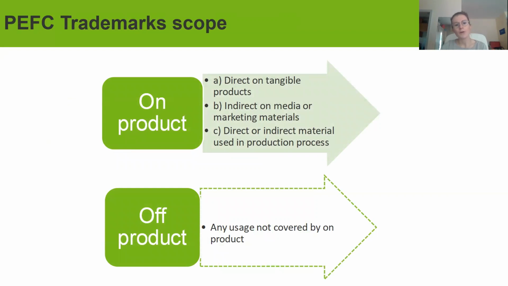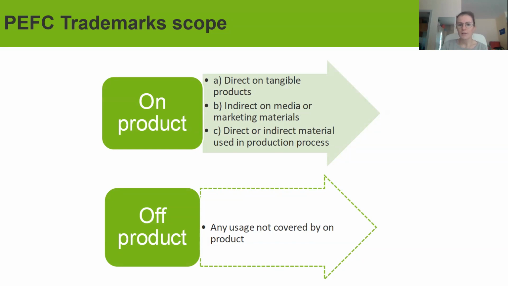Now let's talk about the scope of the PFC trademarks. There are two different ways to use the PFC trademarks: the on-product usage and the off-product usage. For the on-product usage, there are three sub-ways to use the PFC label and logo.